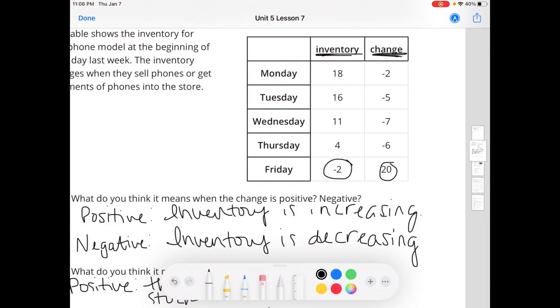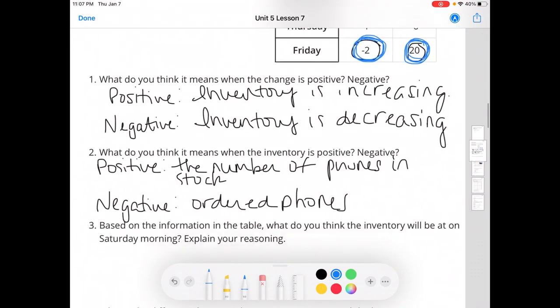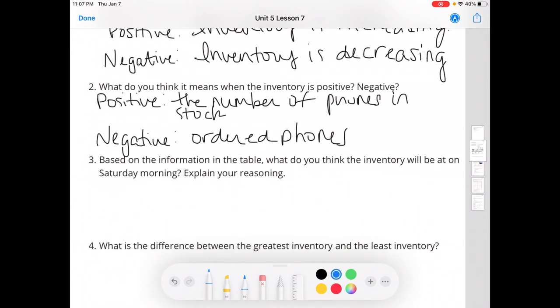I know my inventory is at negative 2, so I have 2 phones on order for a customer. And on Friday, I have an increase of inventory of 20 phones. So if 2 people ordered phones and I received 20 phones, what is my new inventory number?